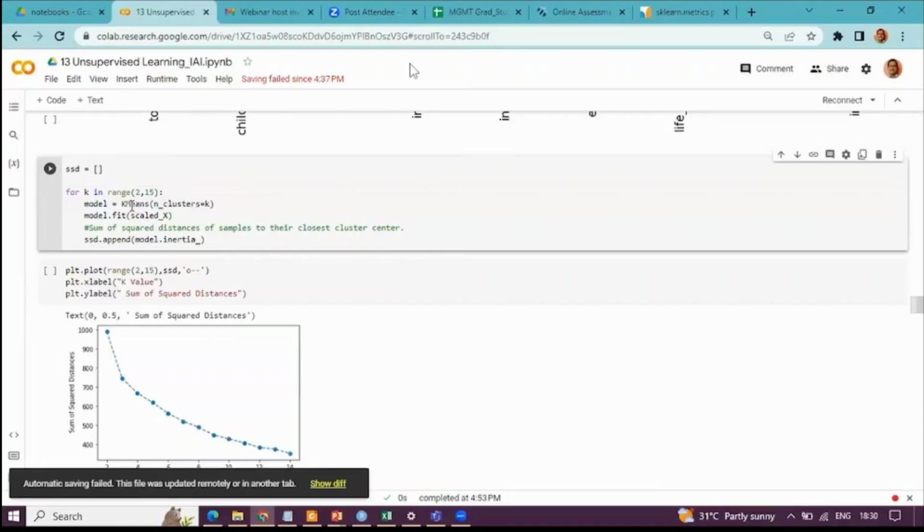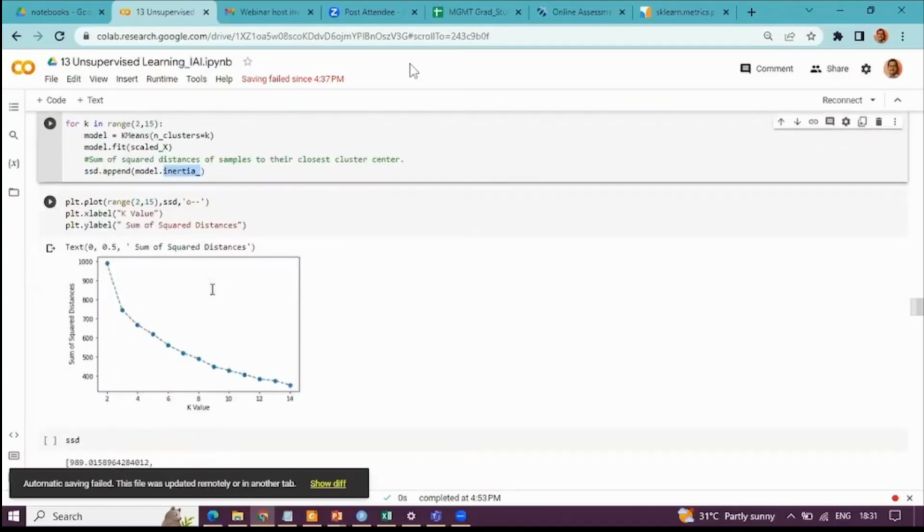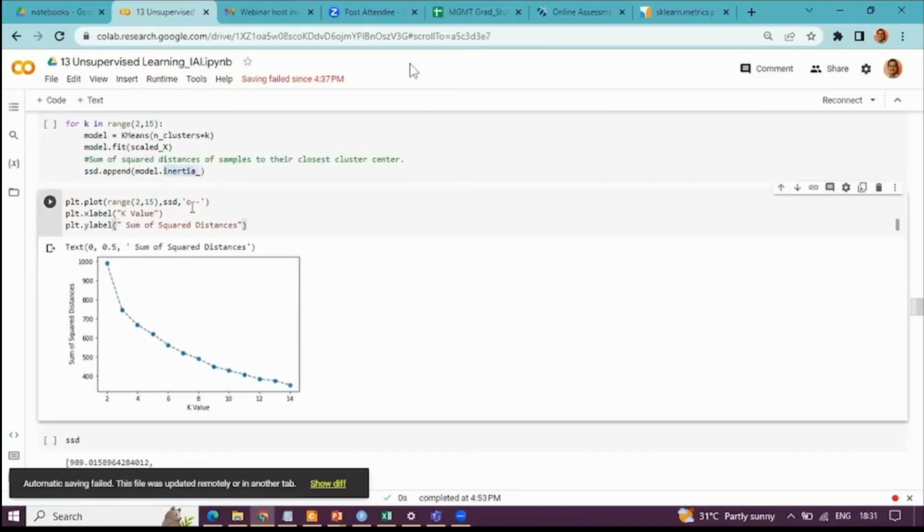So we are starting off with the k-means algorithm, where the number of clusters is equal to k, which is always taking a value between 2 and 15. And we are simply calculating the within the cluster sum of squares for all the k values. So you could clearly see here, we are plotting by taking 2 to 15 on the x-axis.